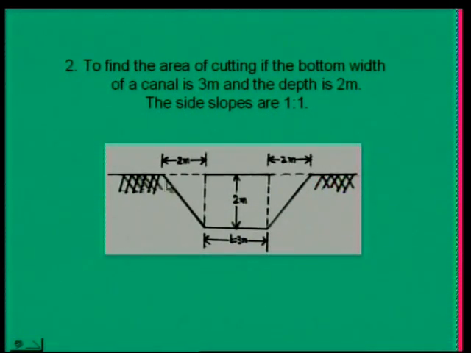The following visual shows the cross section of a canal in cutting, where the bottom width is given as 3 meters and the depth is given as 2 meters. So, this is the ground level and the side slopes n:1 are given as 1:1, where n is equal to 1. Now, substituting the above data, we can compute the area of a canal in cutting.